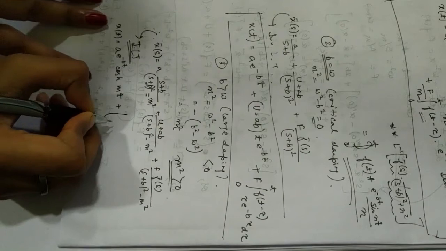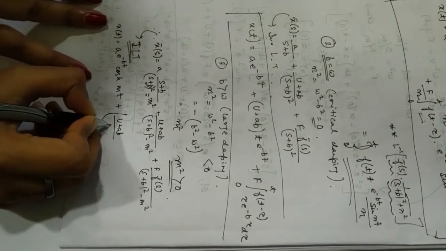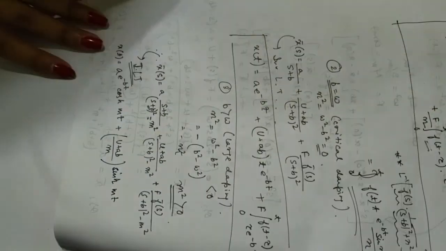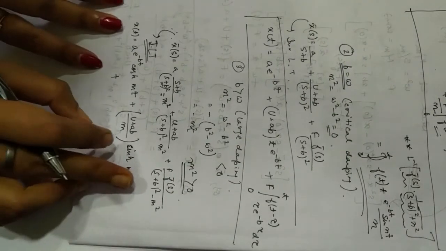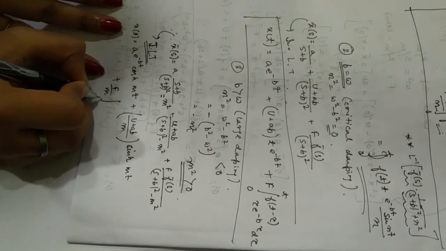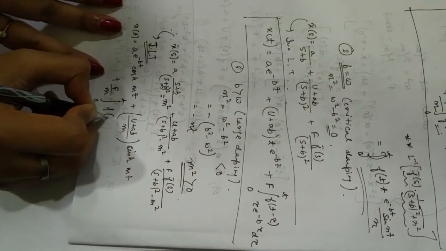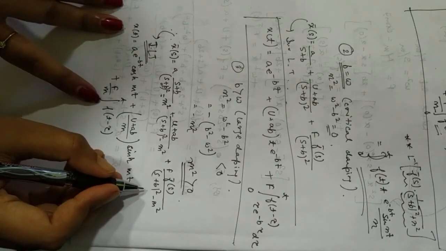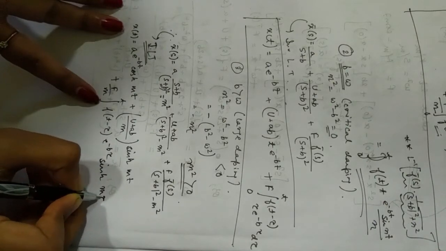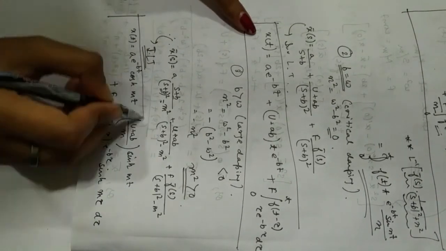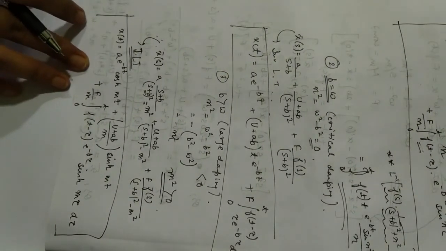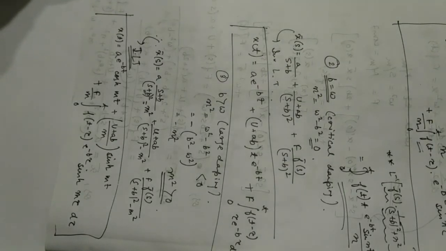Plus you have u plus ab by m, because it is a case of sine hyperbolic mt, plus again we are going to write this in terms of convolution. So we have f divided by m, integral 0 to t, f of t minus tau, and this is e to the power minus b tau sine hyperbolic m tau d tau. So this is the solution of our equation when our damping is greater than omega, right?